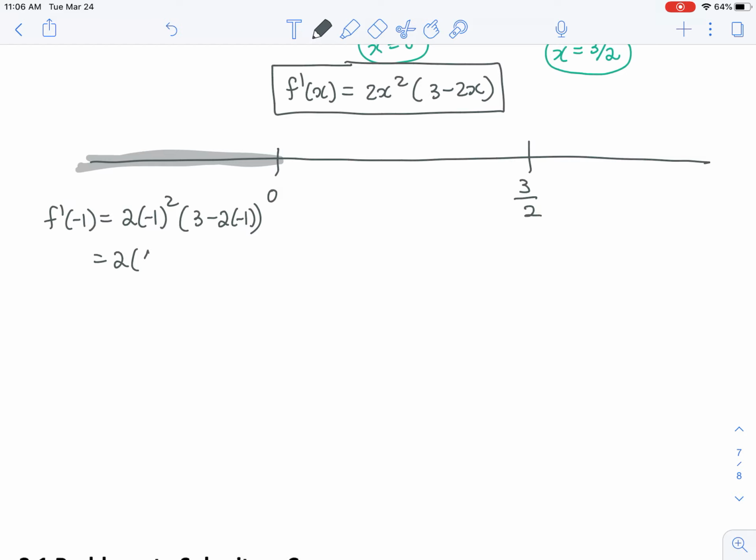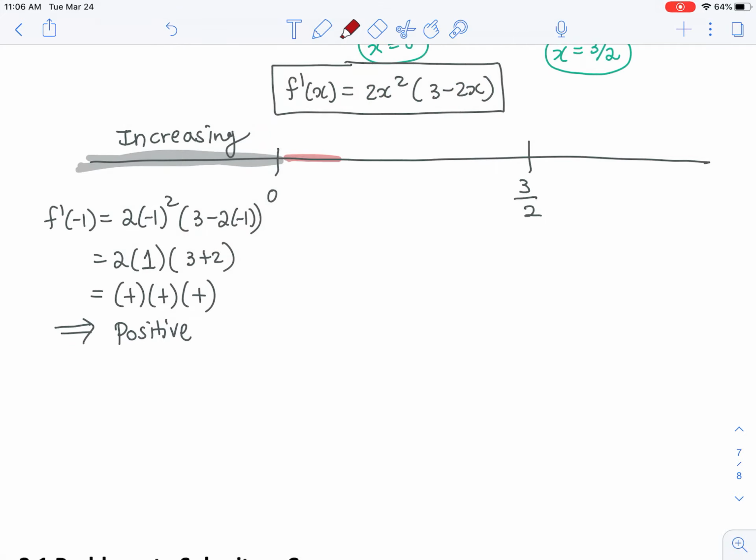That will give me 2 times positive 1 times 3 plus 2. So the signs are going to be positive number times another positive number. If I multiply 3 positive numbers together, I know the derivative will turn out to be a positive number. So what we know is that to the left of 0, this function is increasing.